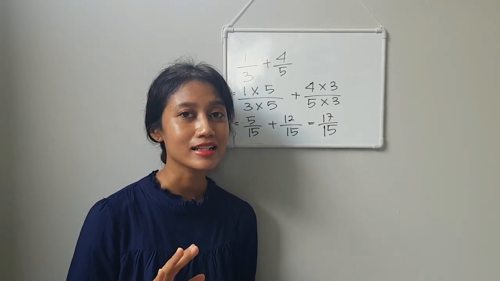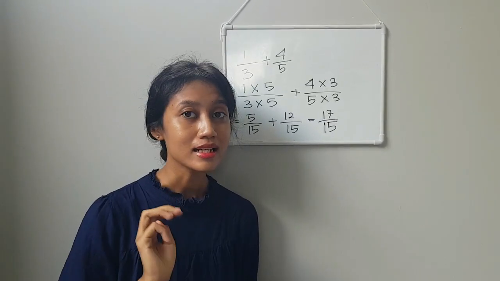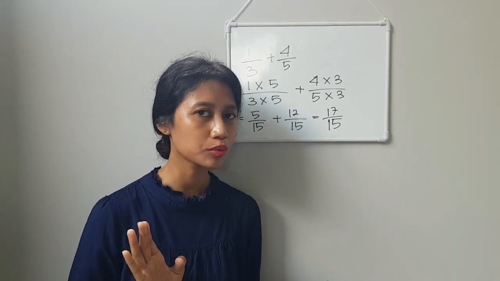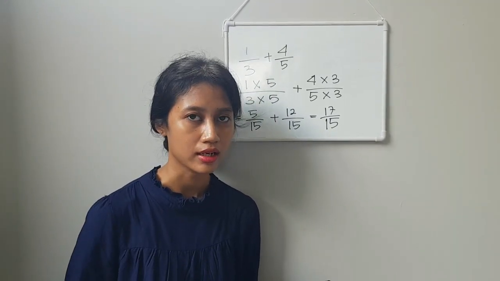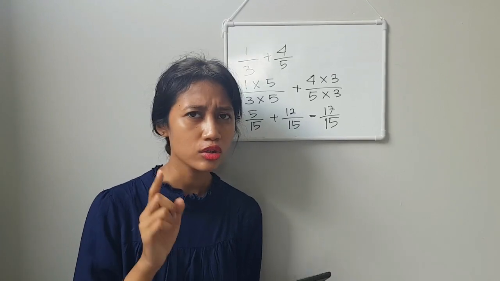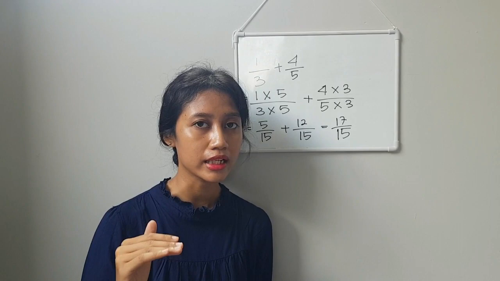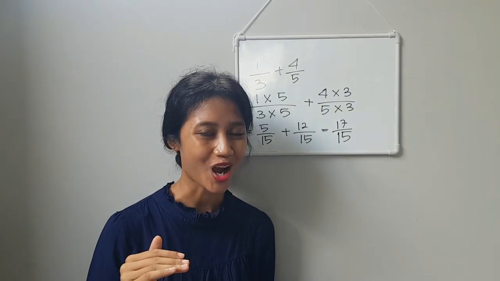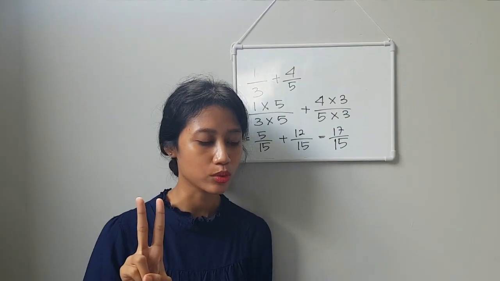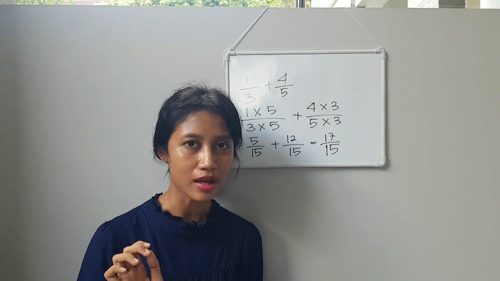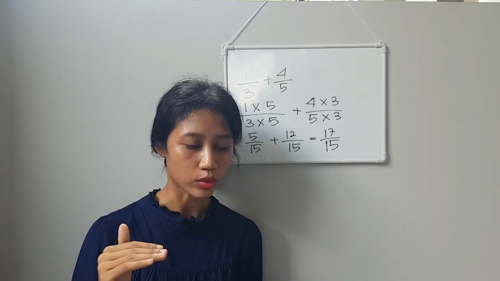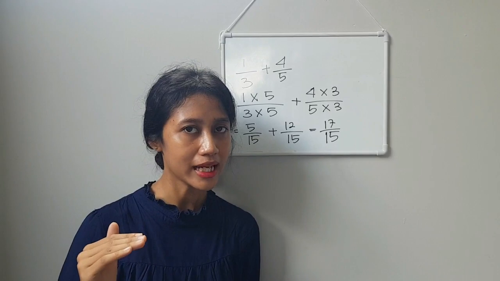Okay, I have 3 steps for adding fractions. Step 1 is you must make sure the bottom number, or the denominator, is the same. Step 2 is, at the top number, put that answer over the denominator.